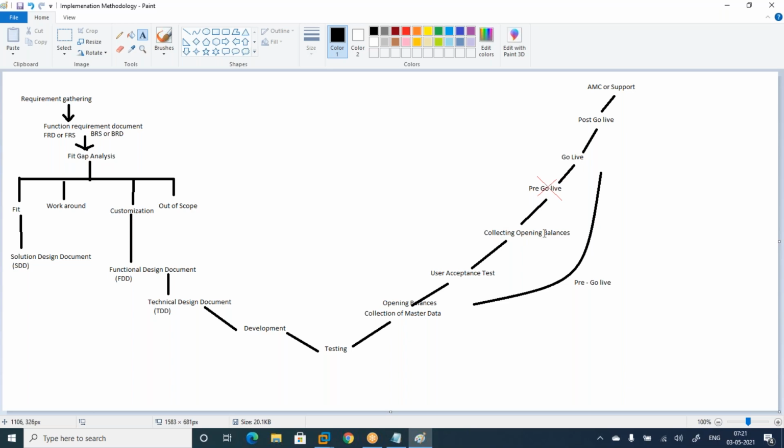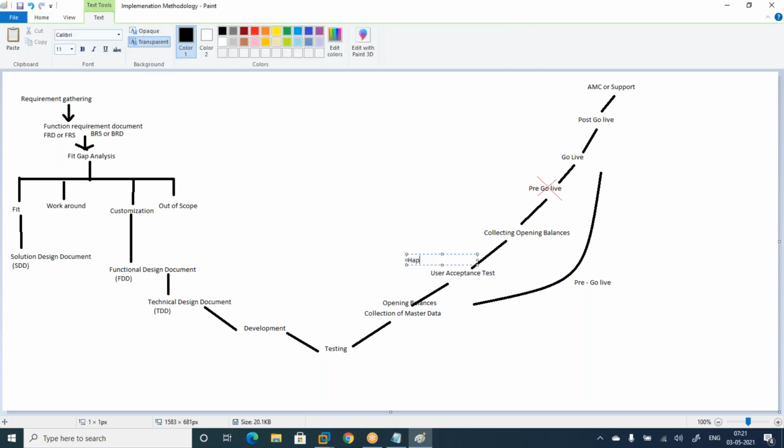Okay, and then here, user acceptance test, you need to do this, the major crucial area. Business users need to test with the negative scenarios also. Here I want to tell you two things.